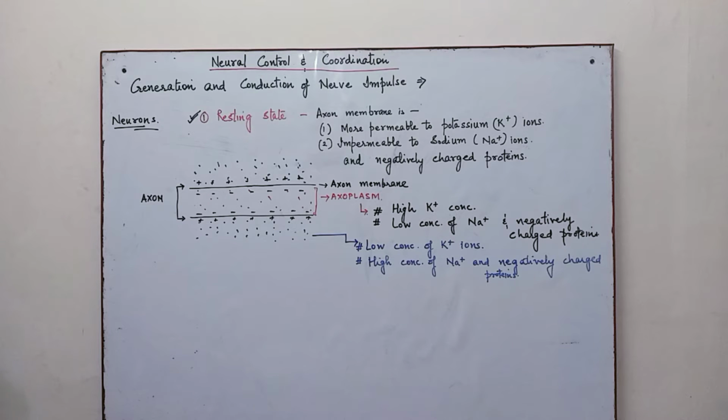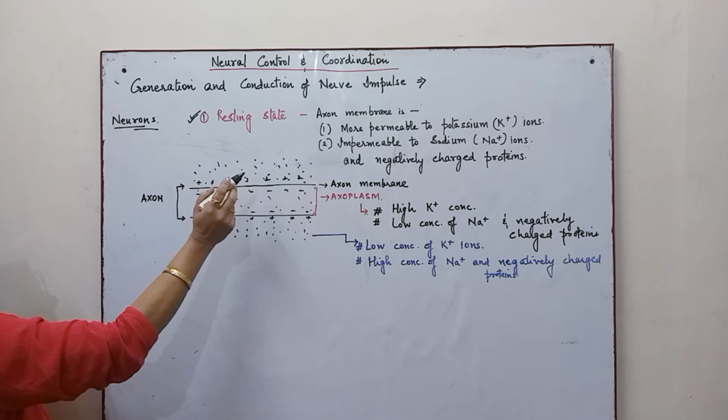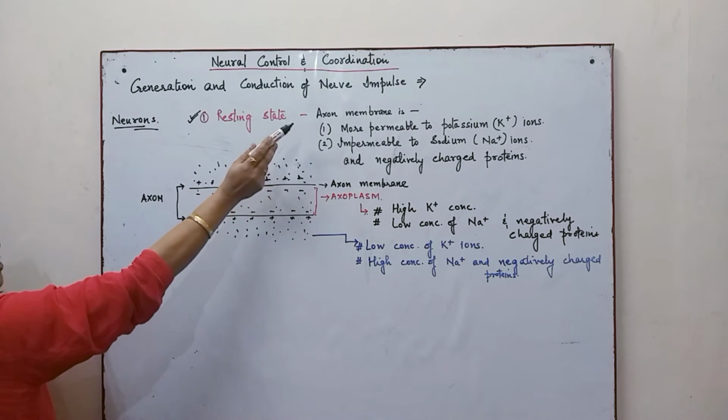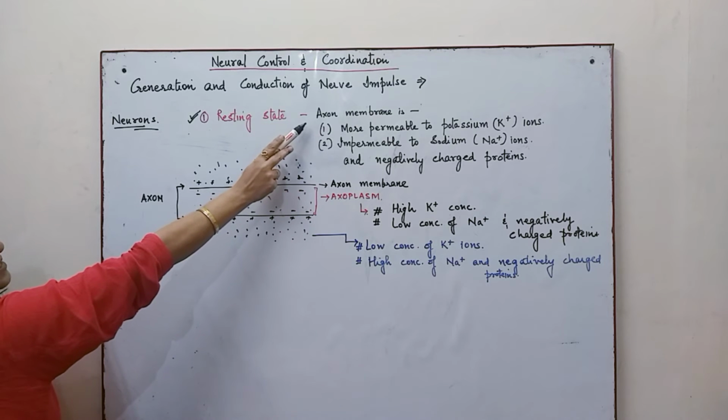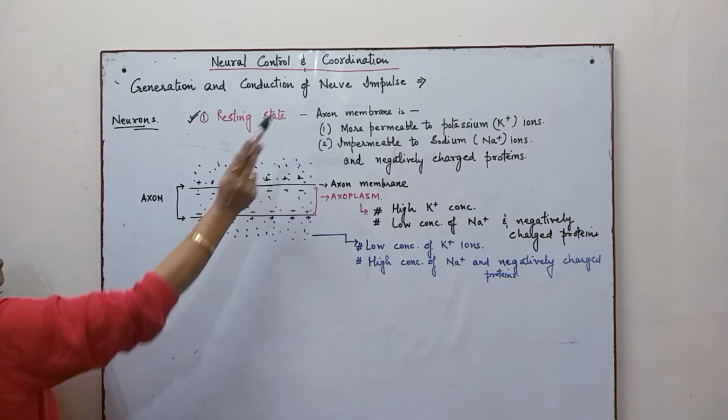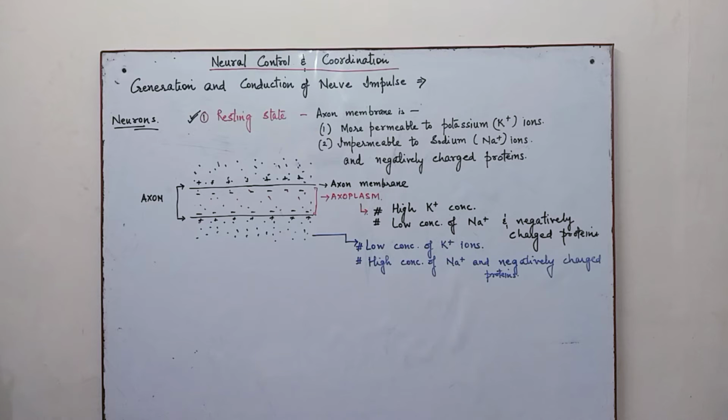We know the polarity is maintained due to the development of positive and negative charge. So what is happening over here? The polarity of the axon membrane is due to the nature of the membrane, which allows more potassium ions to pass through.